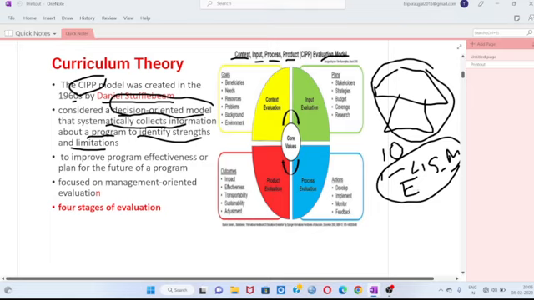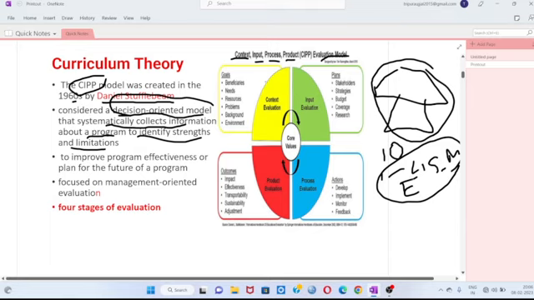And after that, what is the result of teaching this subject? Is it appropriate for that particular class, has the plan been a success, and is it fruitful? This is the CIPP model.